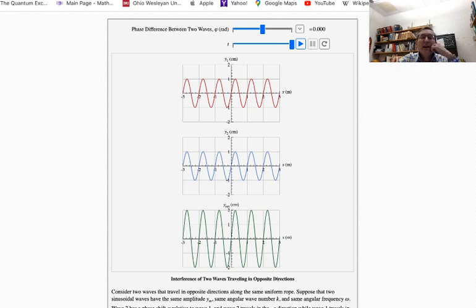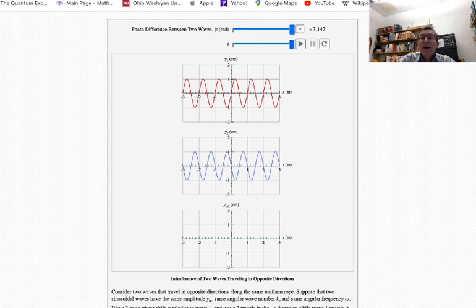Hint, I have another slider here on this animation that lets me control something, namely the phase difference between the two waves, phi. Right now it's set to 0. But what if I adjust it to pi radians? Then, at time 0, at the snapshot, look at the two waves, wave 1 and wave 2. They're exactly out of phase.